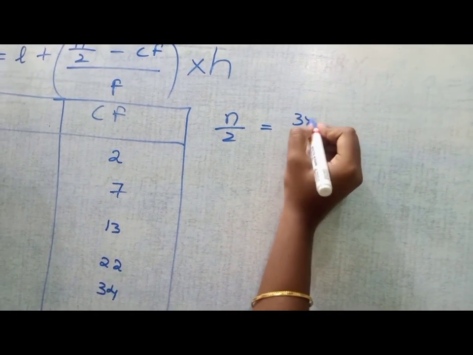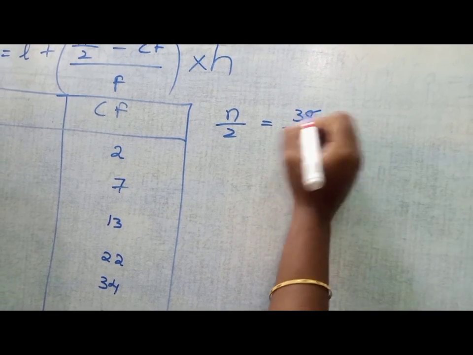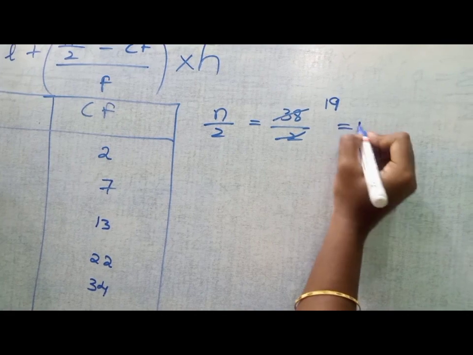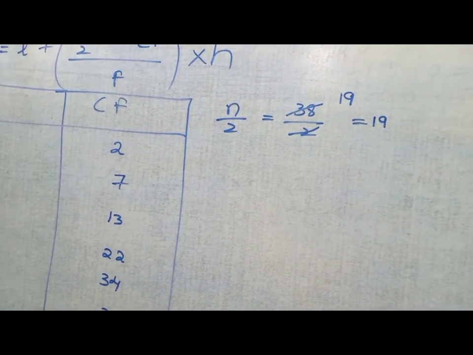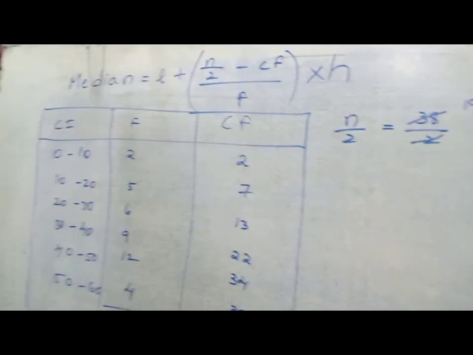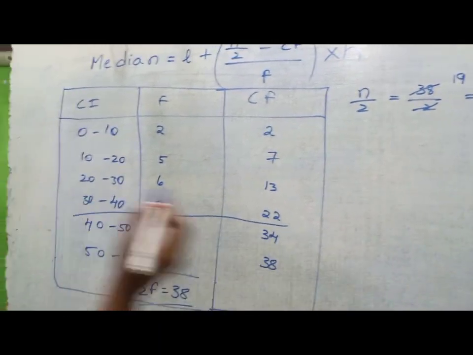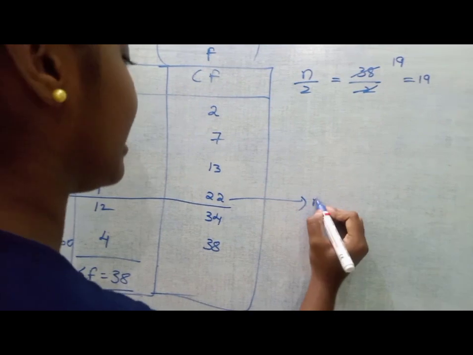So n becomes 38. 38 by 2, so n by 2 is 19. So we should see that 19 lies in which class. 19 lies in this class. So this becomes the median class.